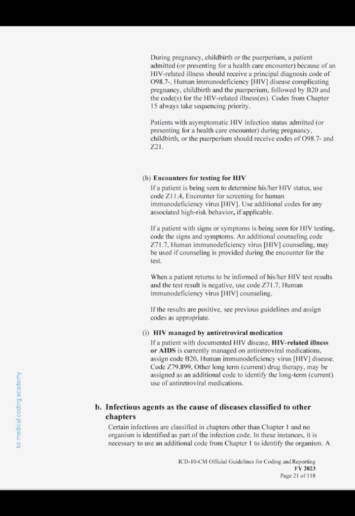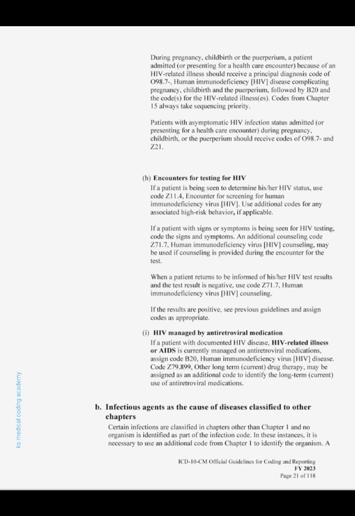An additional counseling code Z71.7, human immunodeficiency virus, HIV, counseling, may be used if counseling is provided during the encounter for the test. When a patient returns to be informed of his/her HIV test results and the test result is negative, use code Z71.7, human immunodeficiency virus, HIV, counseling. If the results are positive, see previous guidelines and assign codes as appropriate.